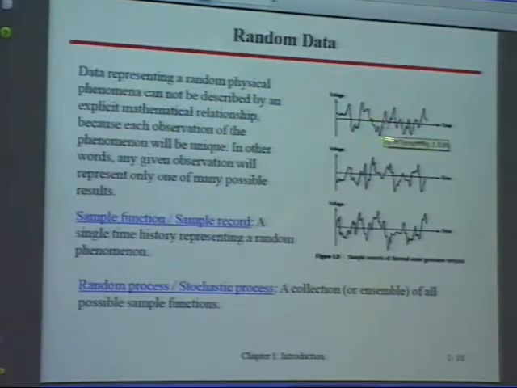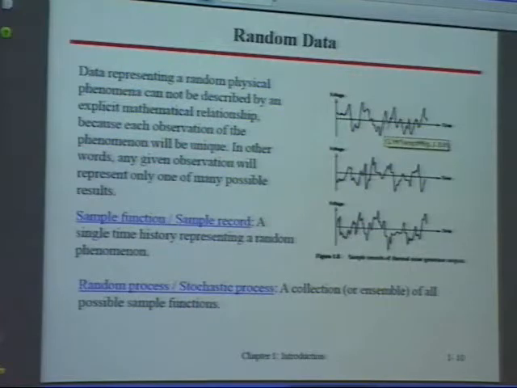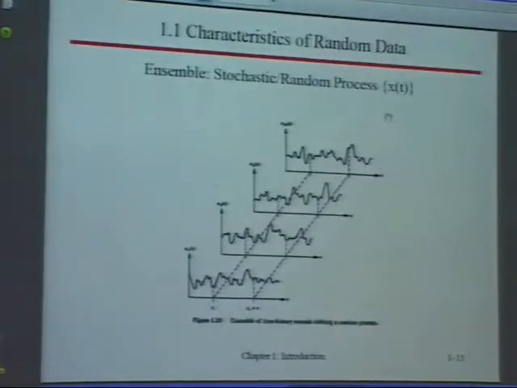Then, of course, they must be the same. Statistical parameter must be the same. But in addition, for a stationary process, that statistical parameter has to be the same. Okay.